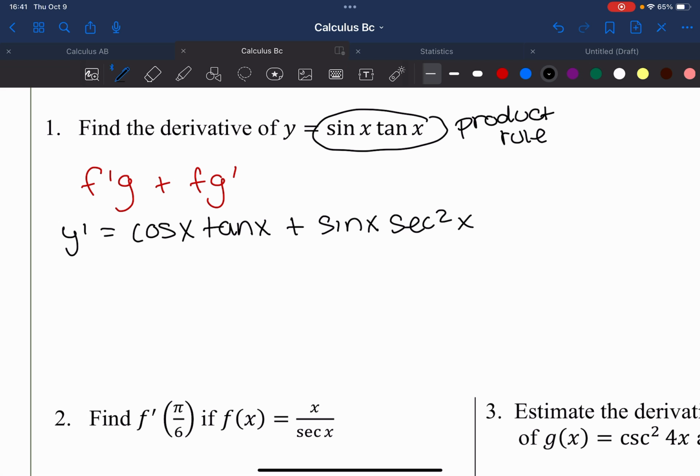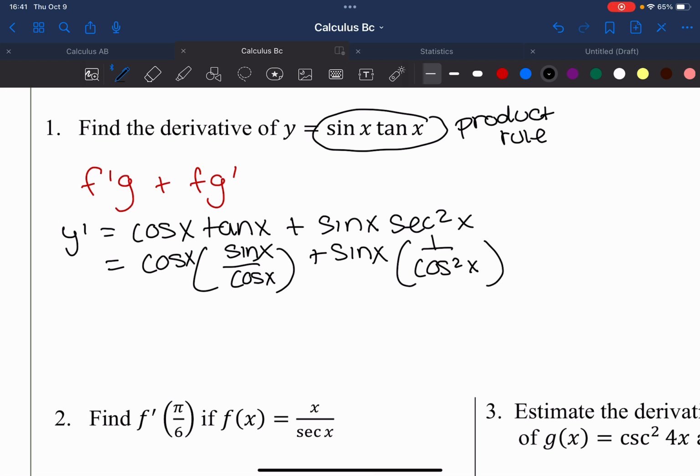Okay. Then I'm going to have to use my different trig properties to try to simplify this further. Well, I know that tangent is the same as saying sine over cosine. And I know that secant squared is the same as saying 1 over cosine squared. Okay.